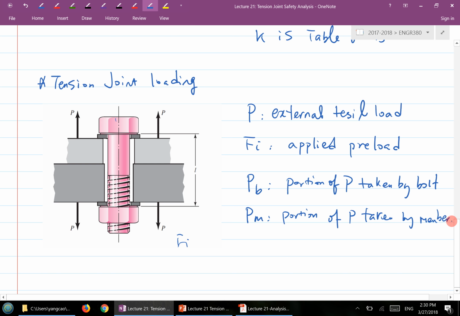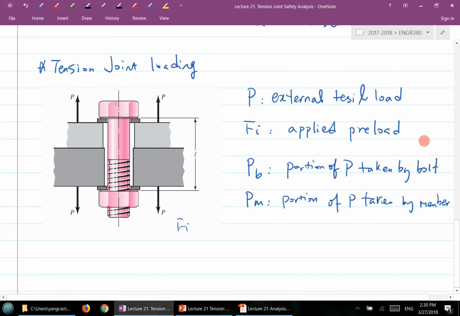Now, once P shows up, the force on the bolt is not going to be just Fi anymore. We'll have a new force on the bolt, which we call Fb, the resultant bolt load.